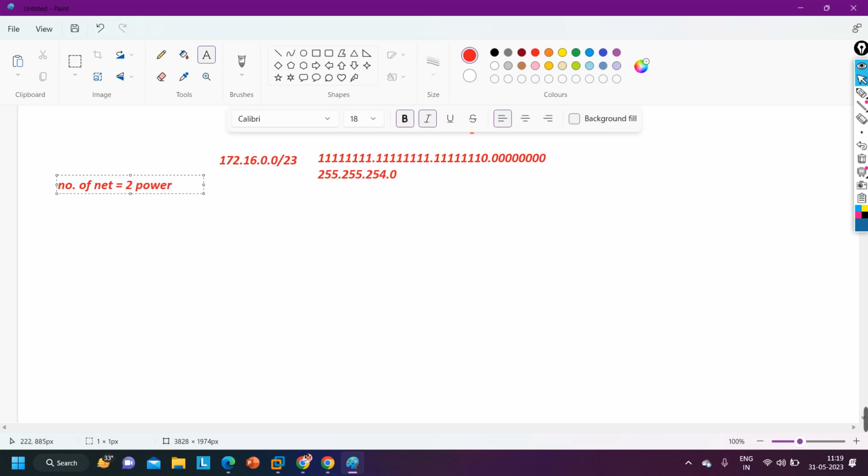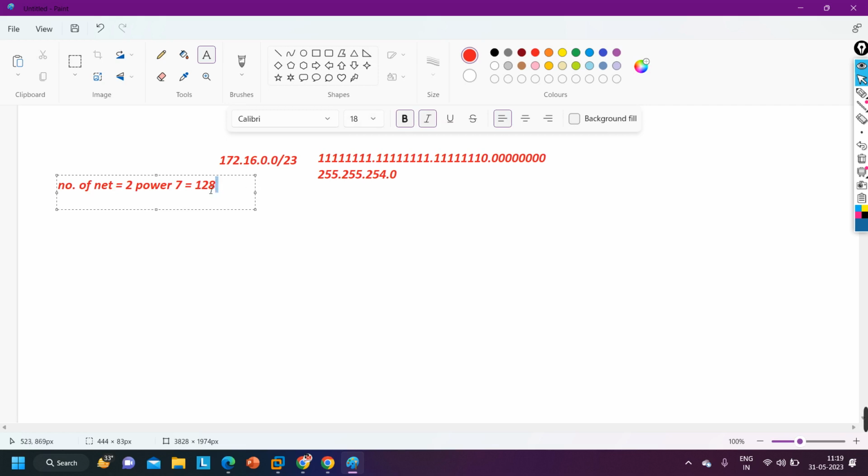Because by default the CIDR value for class B is 16, and here I am using 23. That means I have borrowed 7 bits. So 2 to the power 7 is 128. That means here we are getting 128 networks.